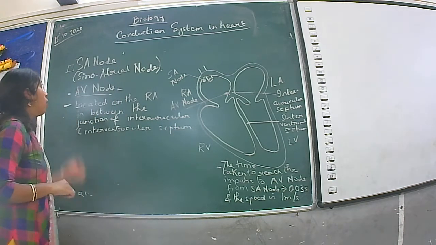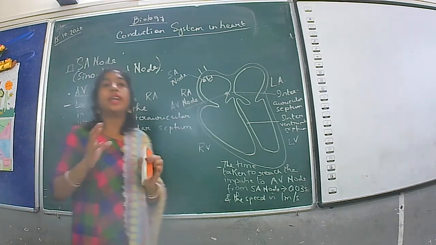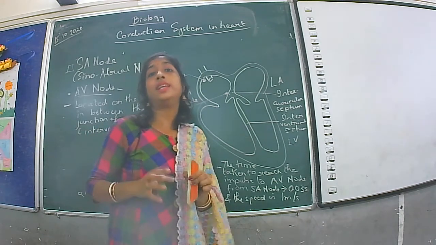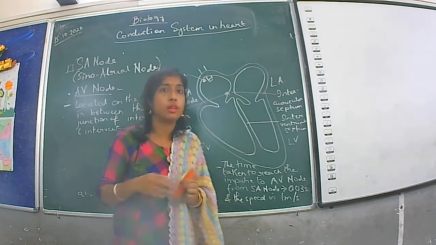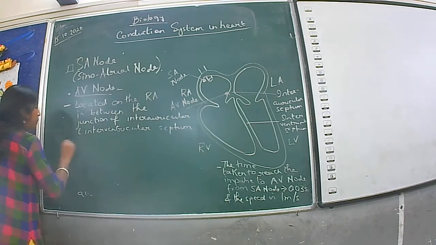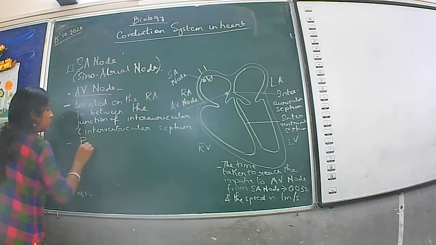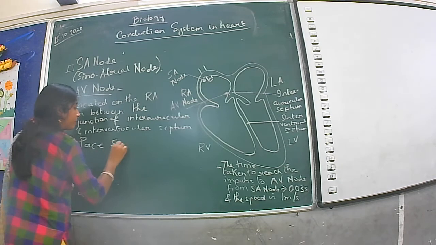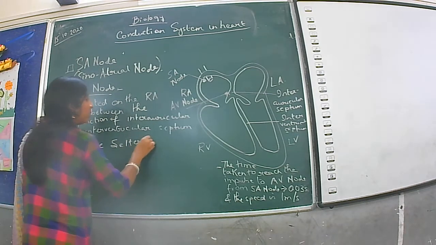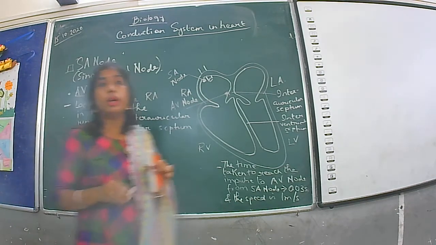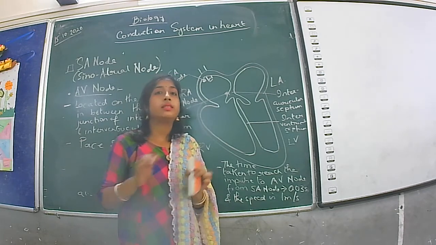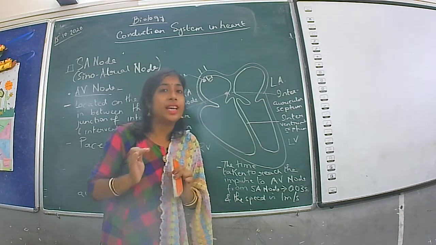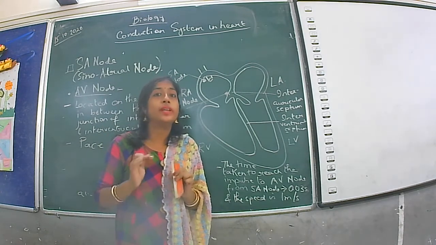Now what is this AV node? This AV node is a structure which actually sets the pace, so it is often known as pacesetter. Now what is a pacesetter? Being a pacesetter, it sets the pace with which the heartbeat is regulated.